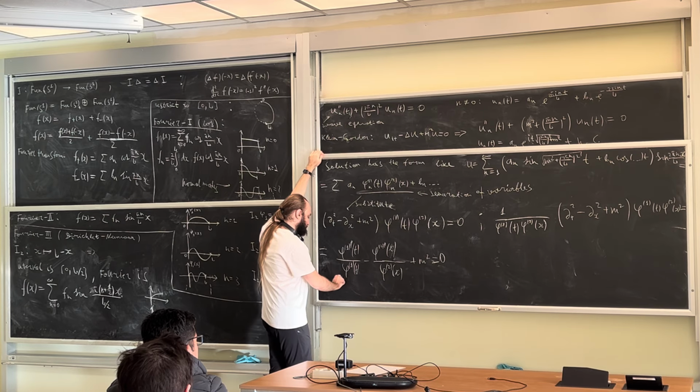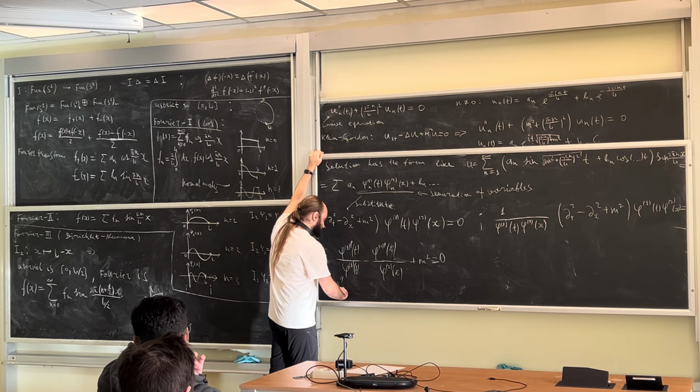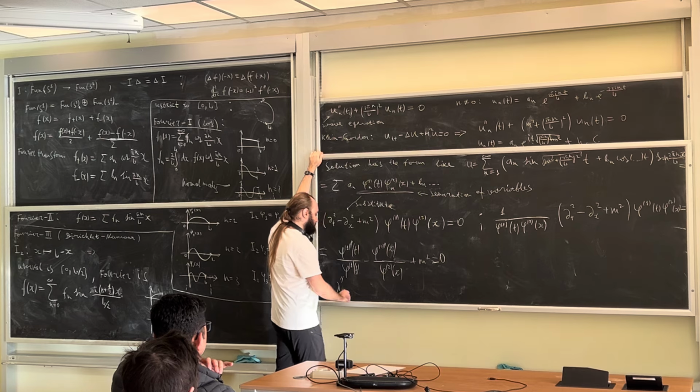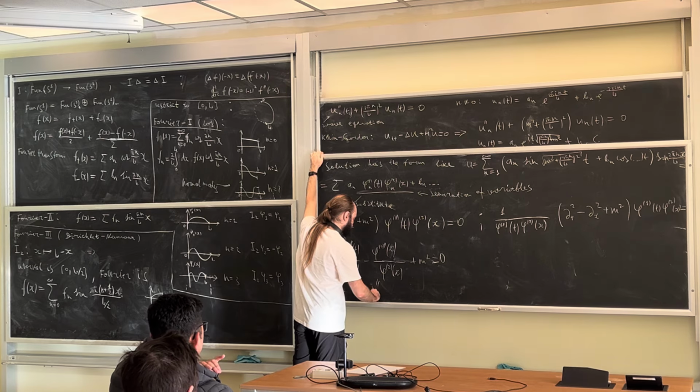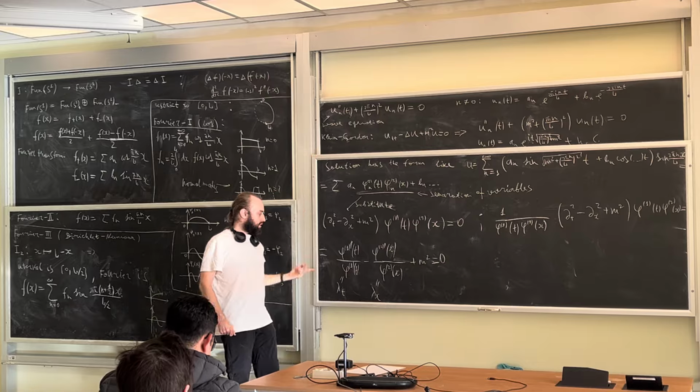So this one should equal to some lambda t, this one should equal to some lambda x, and this one is constant.